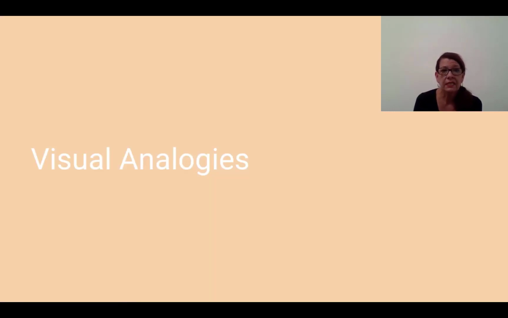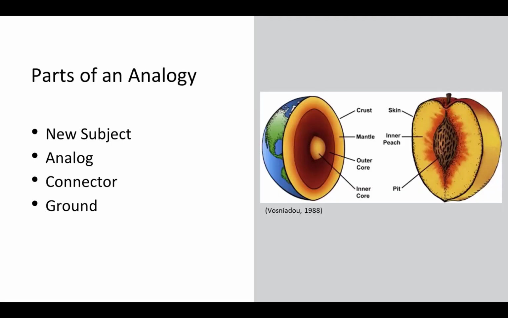Visual analogies assist learners in understanding new ideas by comparing unfamiliar information to something familiar. There are four parts of an analogy: the new subject, the analog, the connector, and the ground. The new subject is the unfamiliar information, such as the Earth's layers in this graphic.